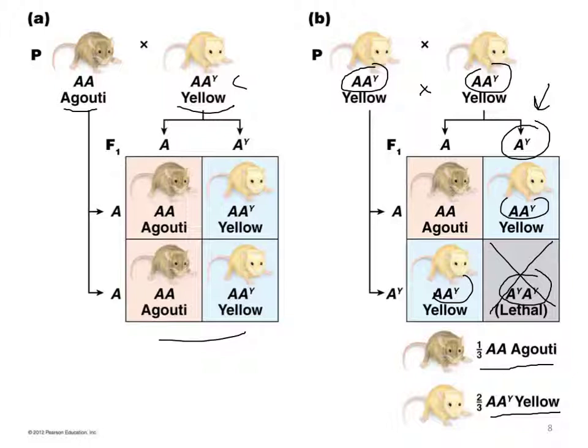The agoutis are all homozygous for the wild-type allele, and the yellows are heterozygous for wild-type and the mutant yellow allele. And this fit with their 1/2 to 1/2 agouti to yellow pattern observed for those particular crosses, supporting their hypothesis.